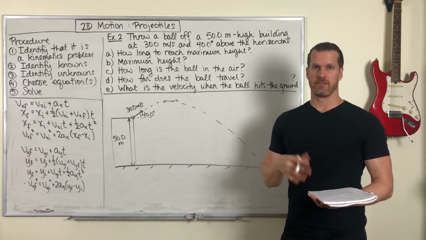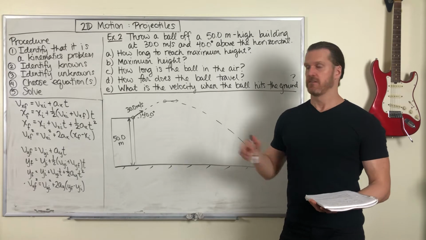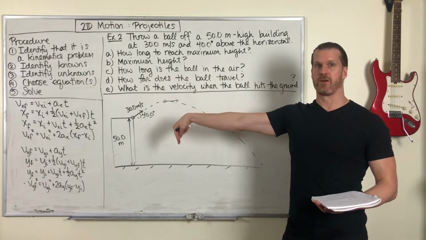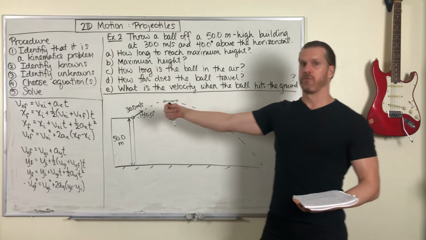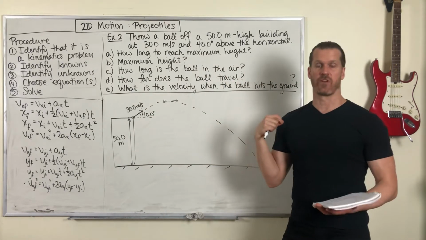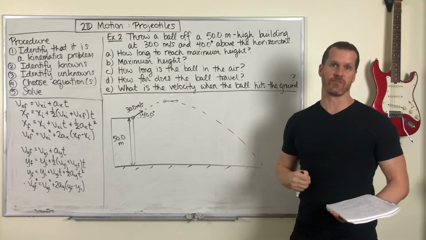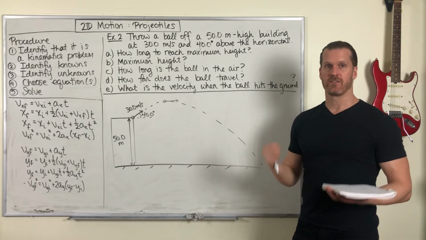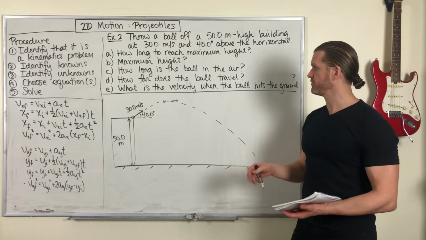Gravity, the acceleration, acts in the vertical direction, pointing down. There's no acceleration happening horizontally. There's zero horizontal acceleration, so the horizontal velocity component stays the same the whole time.